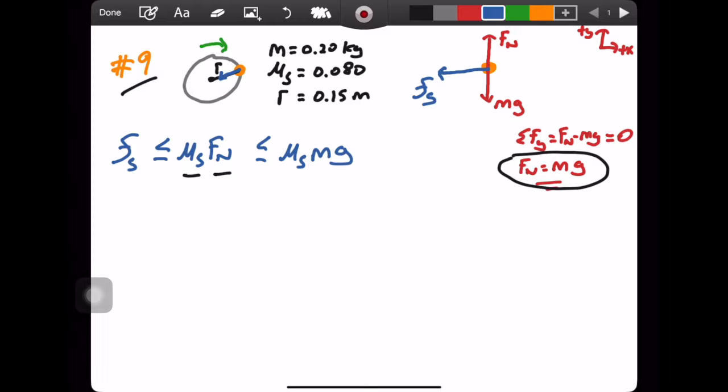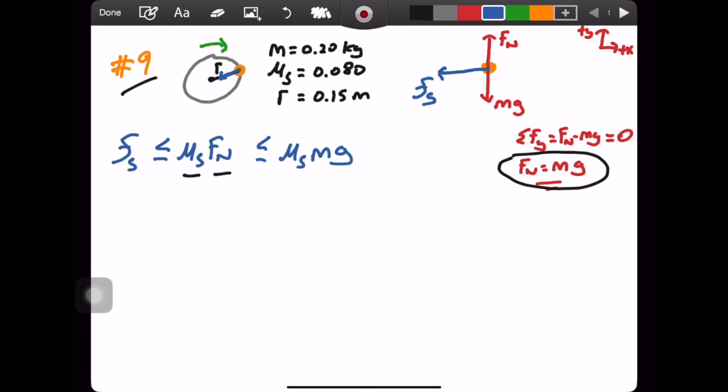And at that upper limit, if it has an opposing force, and that opposing force exceeds this maximum, mu s mg, the static friction now is no longer going to be able to overcome the opposing force, and the object's going to start to slip.